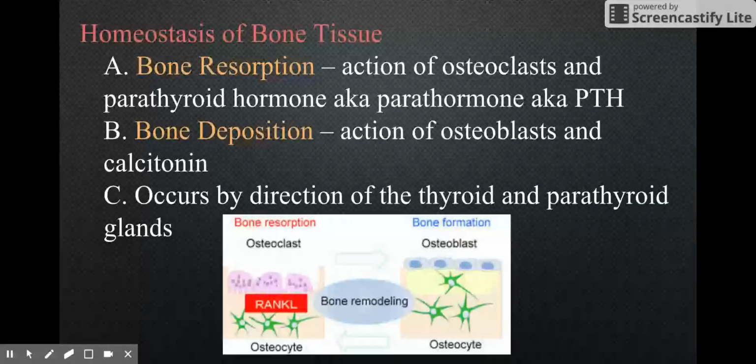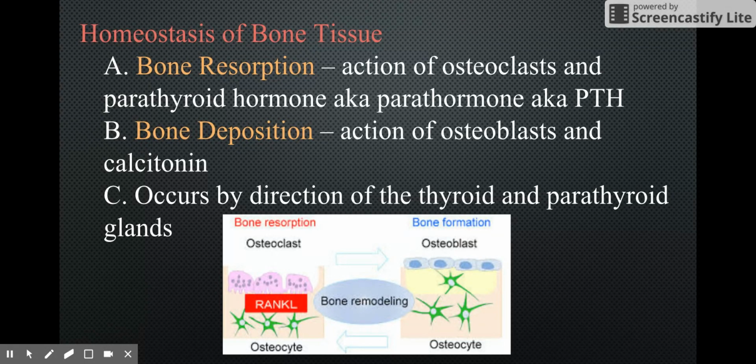So we've talked about homeostasis before. It's that wanting to have an internal environment that maintains itself and stays at proper levels. Your bones do the same thing. So sometimes your bones have to break down the cells and reabsorb some of that material produced to create them, and other times they need to deposit more bone tissue to fix things.